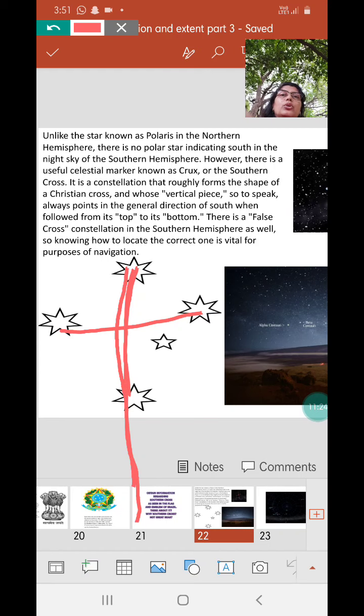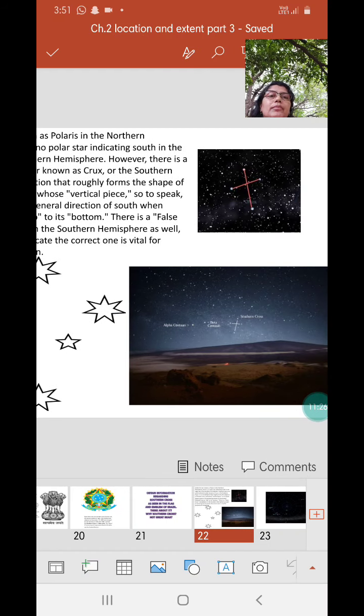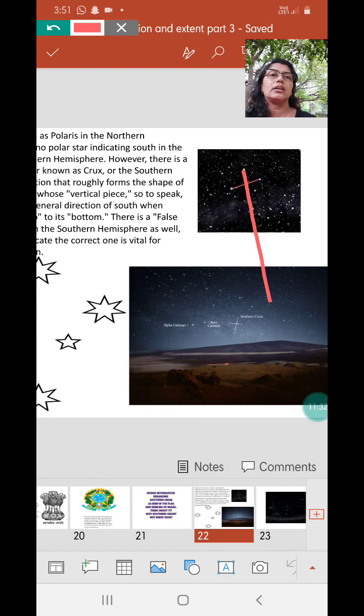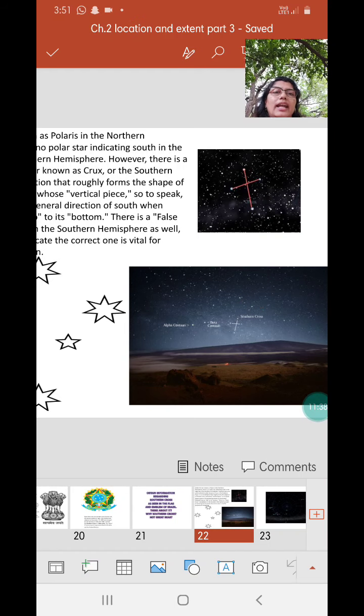If I show you this constellation here, when you come from top towards bottom, taking the longer line of the cross, it always points towards the southern hemisphere. Therefore during navigation the Southern Cross becomes very, very handy.